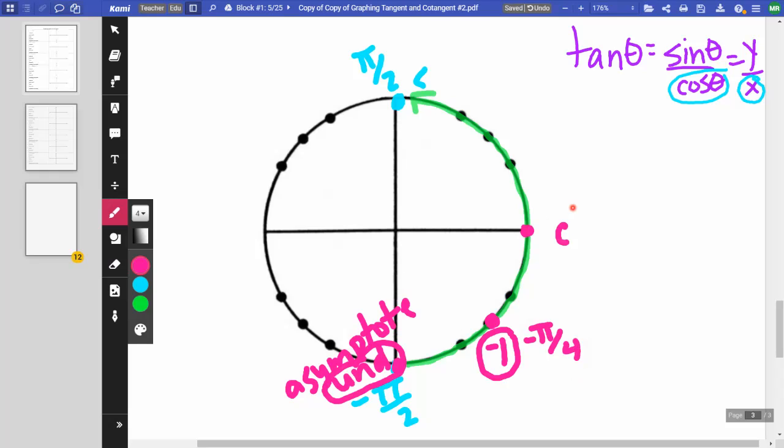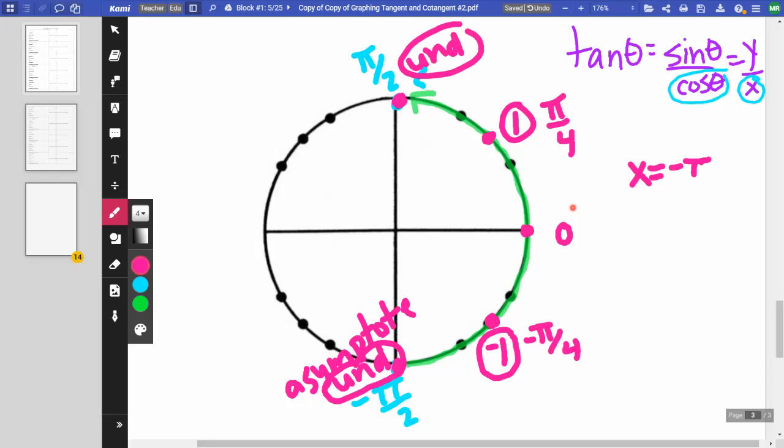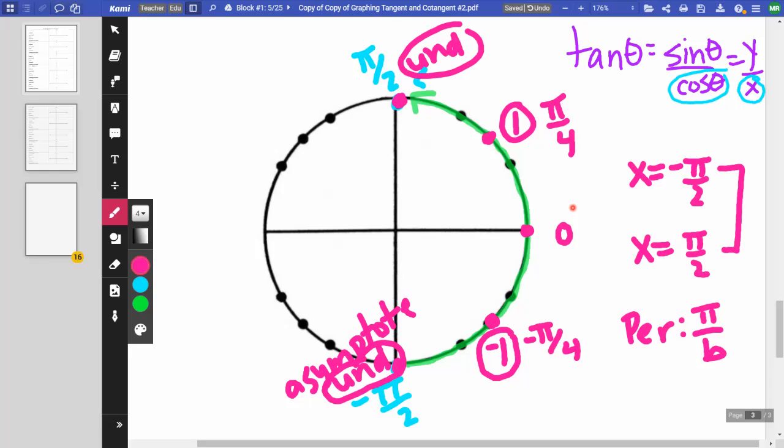So this is going to be 0 that I'm going to be plotting. And then here again, this is going to be a +1, and that is pi fourths. And then up here at pi halves, again, that is undefined or an asymptote. So my asymptotes normally are going to be negative pi halves and positive pi halves. And your period is normally pi unless it's been adjusted, and then it's going to be pi divided by b. It's basically the distance from this asymptote to this asymptote.